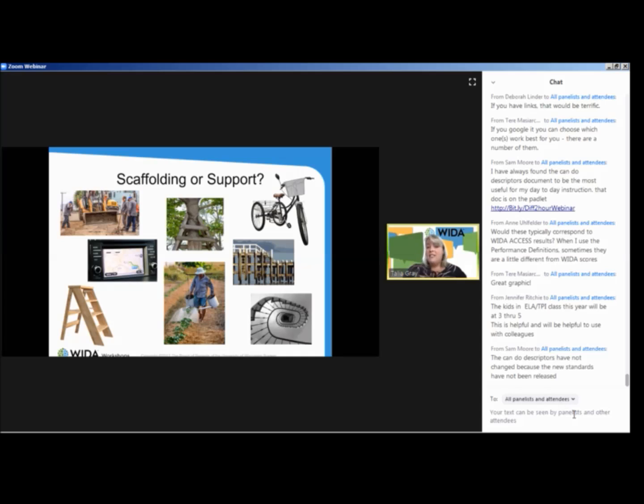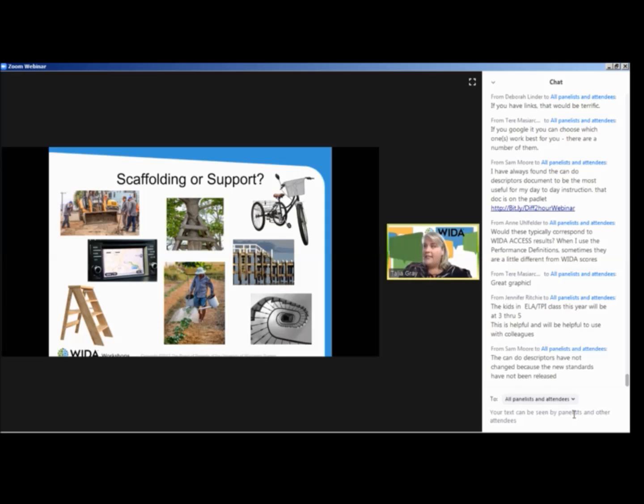Now, to me, a support would be something like the GPS, because that tool is supporting me to find where I want to go. I understand that I need to go a certain way to get to where I want to be, but that support of the GPS helps me to get there.